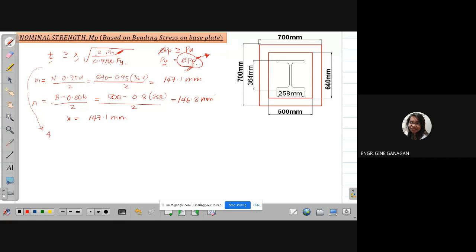So substituting lahat ng values, so pag-solve din yung pag sinubstitute natin. That is 640 by 500 times 2, and Newton.